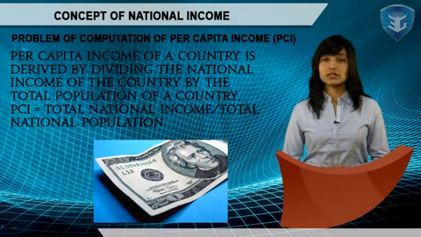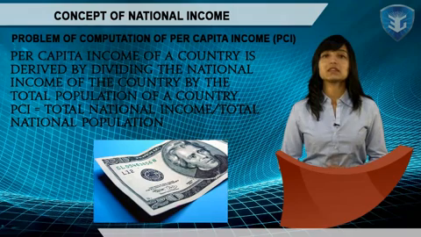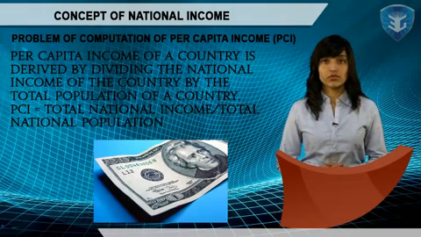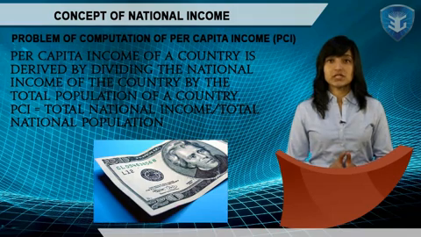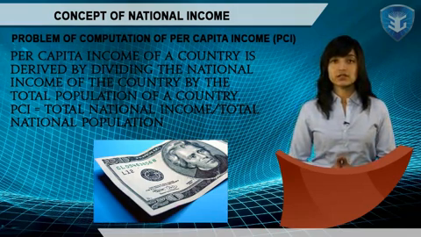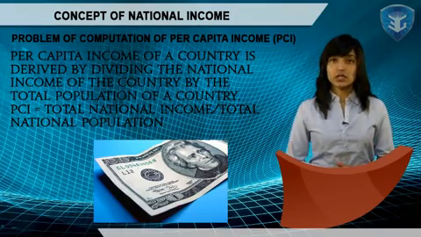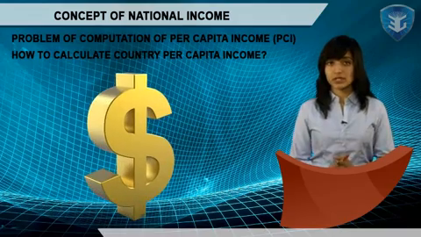In common parlance, news reports and economic forecasts, country per capita income is considered as an indicator of a country's economic well-being. Gross domestic product or GDP is an approximate measure of the market value of all goods and services produced in a country during a specific period. How to calculate country per capita income?